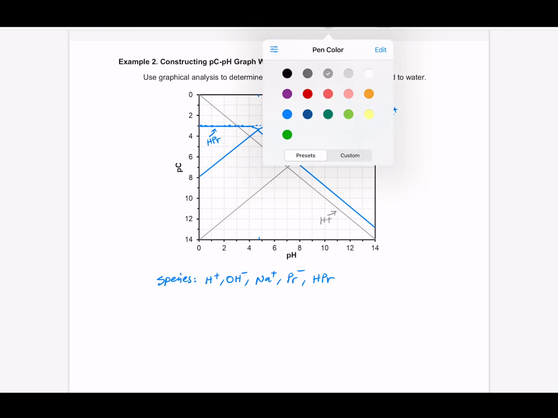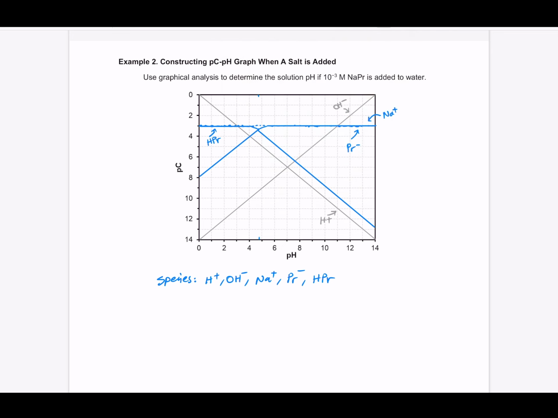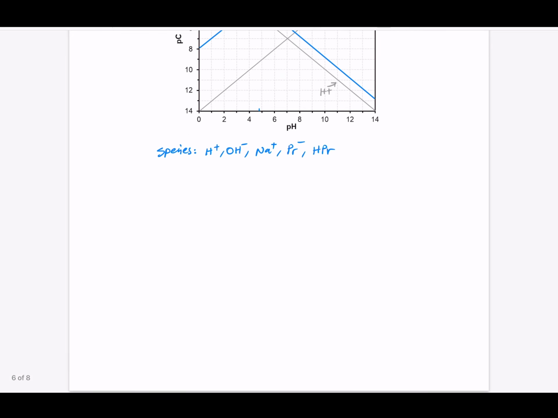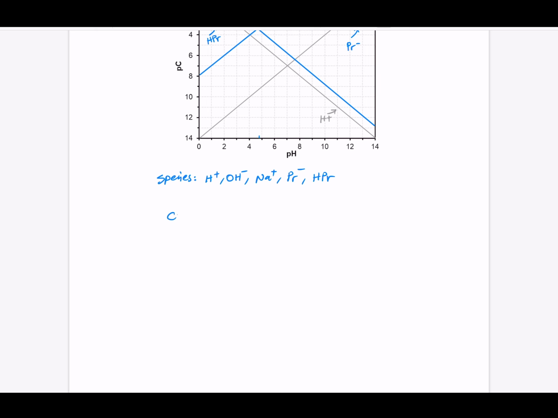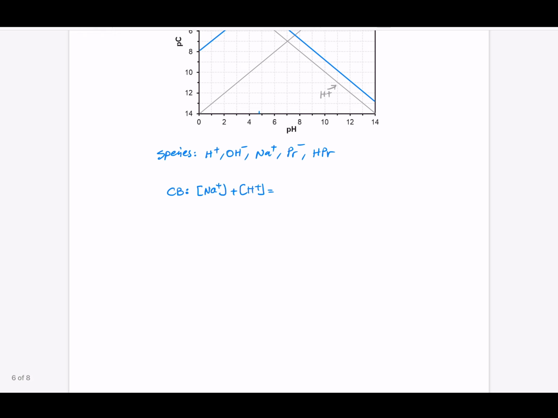But now let's derive the charge balance to see what the left-hand side and the right-hand side are. So in this system, the charge balance is basically the positive charge, sodium plus hydrogen, equal to Pr minus plus OH minus.